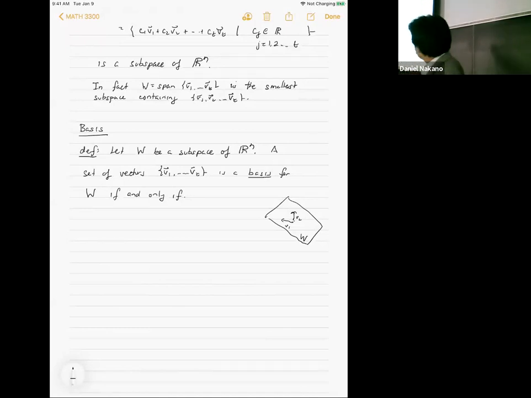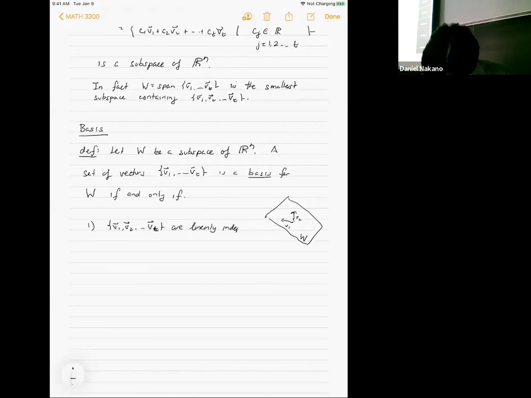Yeah, so first of all, we want the vectors V1, V2, up to Vt to be linearly independent. So if we threw another vector in there, they would be linearly dependent. And we really don't need that additional vector to describe W. All right.